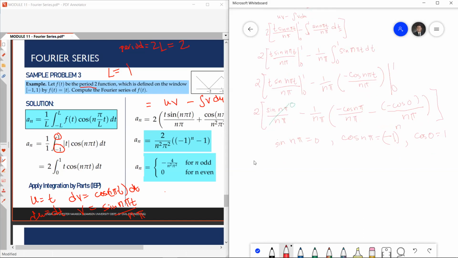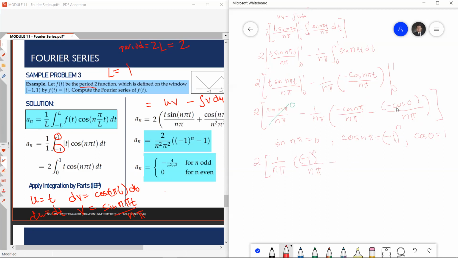Mamaya ko na lang ilabas. So ito magiging 1 over n pi. Okay. Then cosine n pi will give me negative 1 raised to n over n pi.